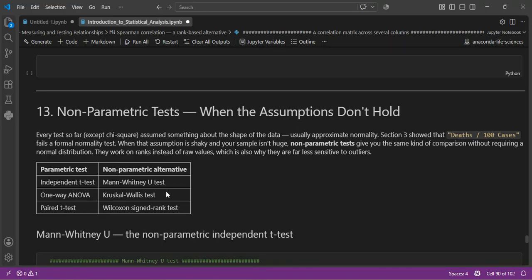And for the paired t-test, we use the Wilcoxon signed-rank test. So that is that.